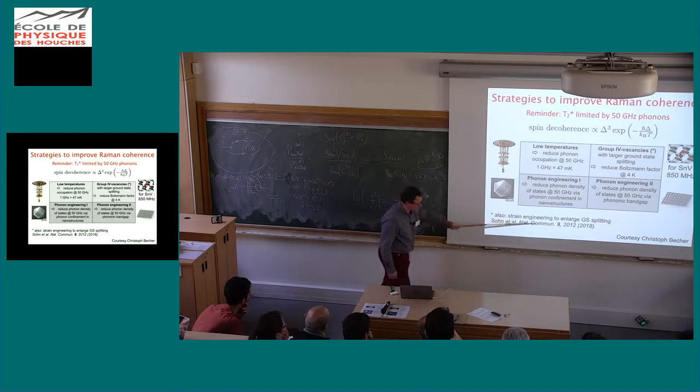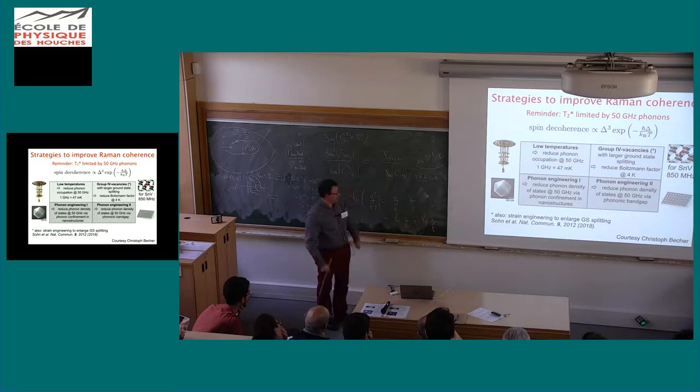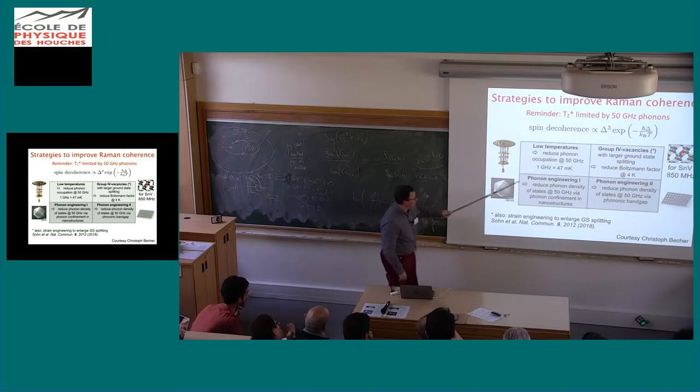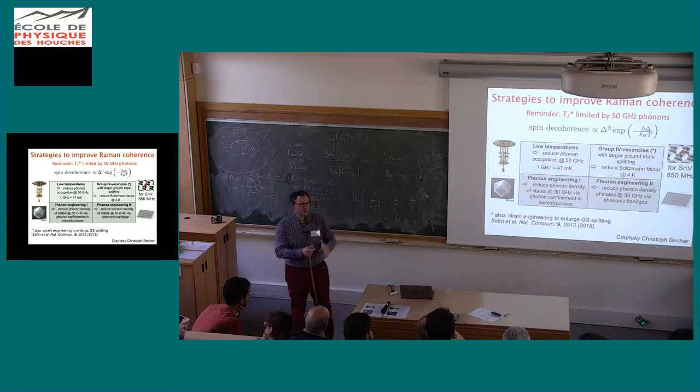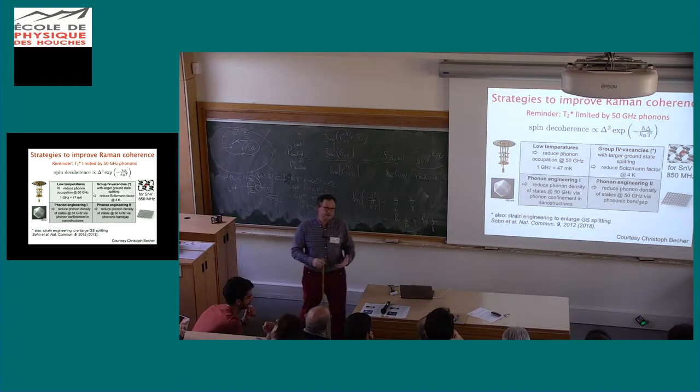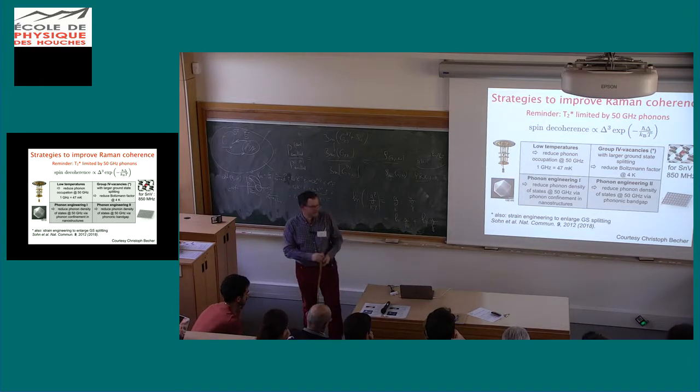And this is, for instance, a very nice paper which was published last year on this effect, coming from Mete Atatürk's group. Another approach is to do phonon engineering, so to consider these defects in a nanostructure that will behave, with regard to phonons, like a photonic crystal. So it's a phononic crystal.